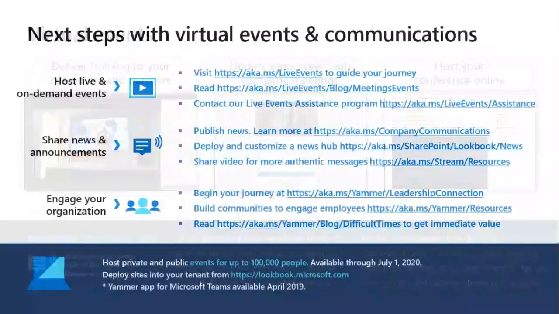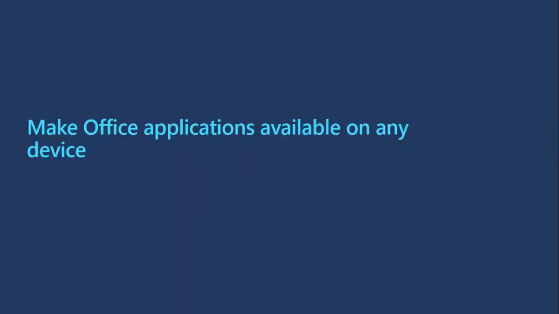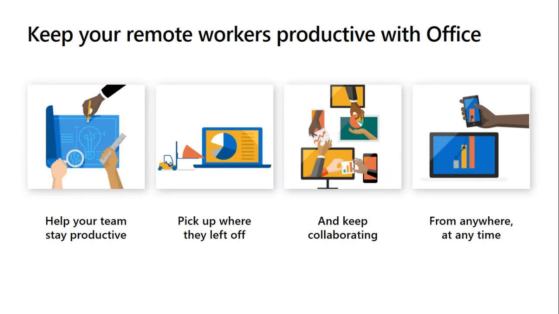I'm just going to talk about how to make Office applications available on any device. As you saw in what I was discussing earlier, I mentioned Intune, which is a device management tool. Also, you're supposed to know that with M365, you can install it on up to 5 devices.